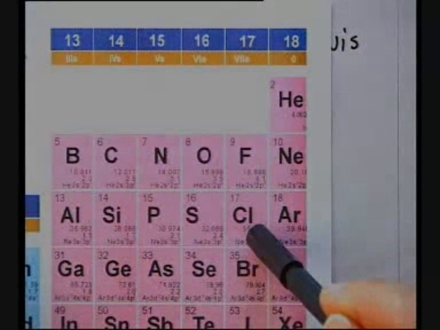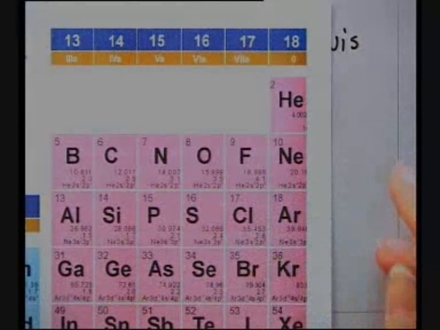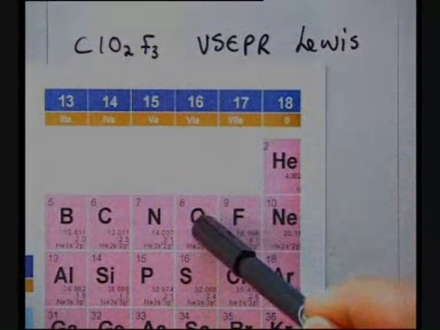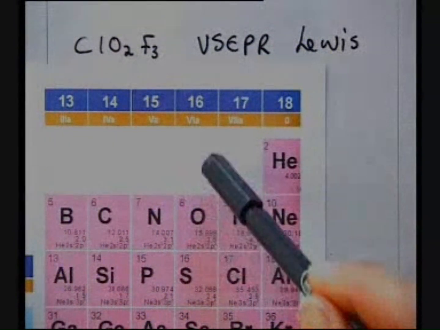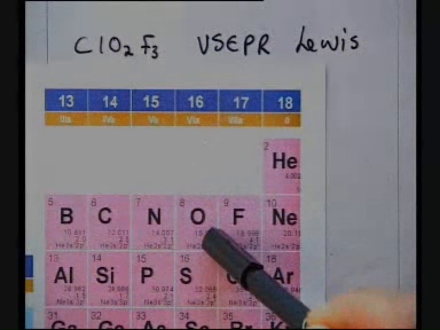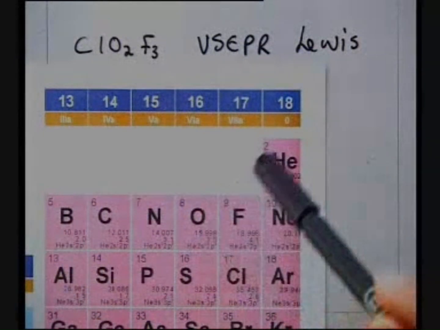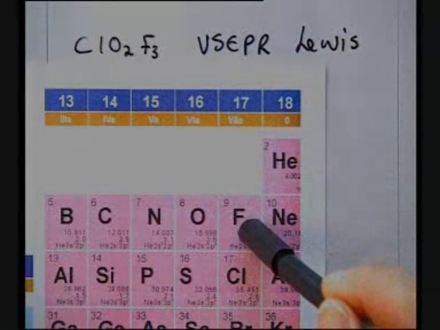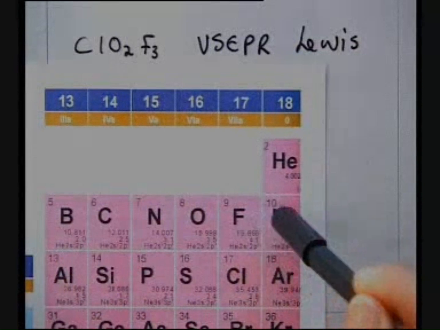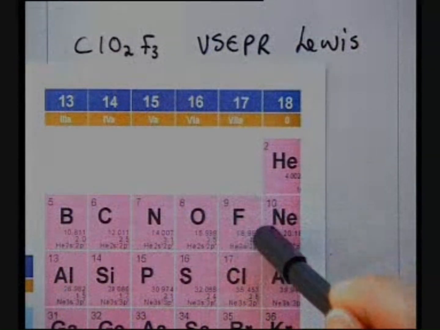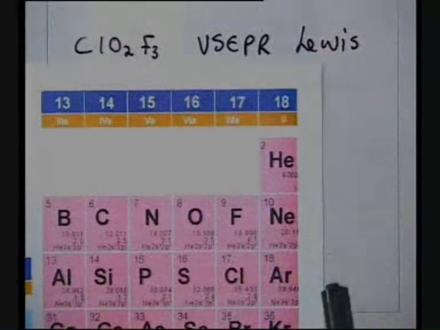Chlorine, being the central atom, can form either single or double bonds. Oxygen is found in the 6th group and 2nd period of the periodic table. It has 6 valence electrons and can form covalent bonds by forming either double bonds or single bonds. The fluorine atom is found in the 7th group and 2nd period of the periodic table. It has 7 valence electrons and will form single bonds, being the terminal atom.